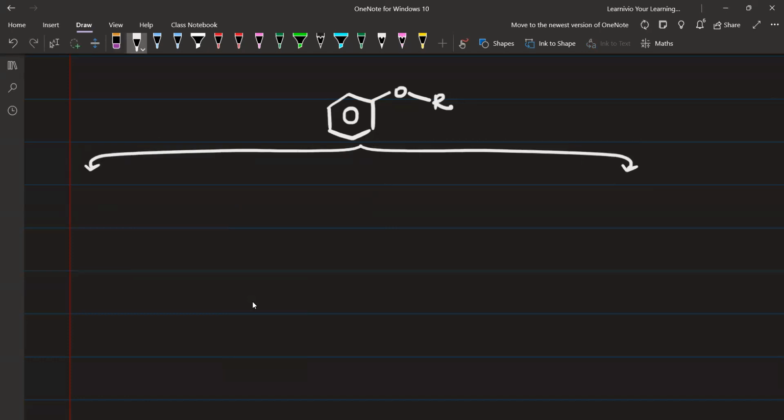See, we can prepare it by using a sodium phenoxide and a haloalkane, or we can use a haloalkane and sodium alkoxide.